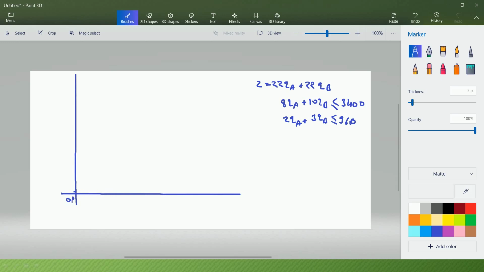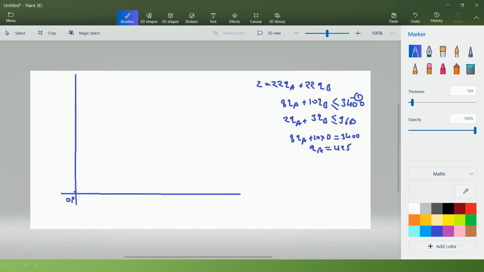Okay, if I put QB equal to 0 in equation 1, 8QA plus 10 multiplied by 0 equals 3400, this will give QA equal to 425.